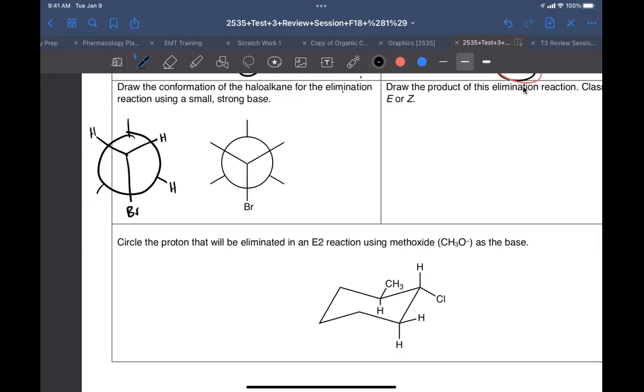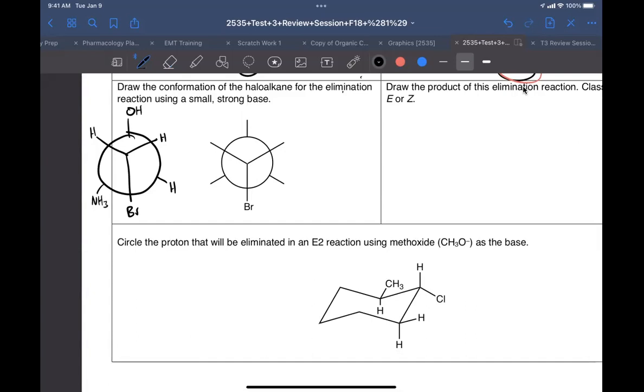This would be H. This would be, let's do, I'm trying to think of a really good one. Ooh, let's do an OH. Ooh, and let's do an NH3. There we go. It's very deactivated with those groups, but let's just ignore that for now, just for simplicity's sake.